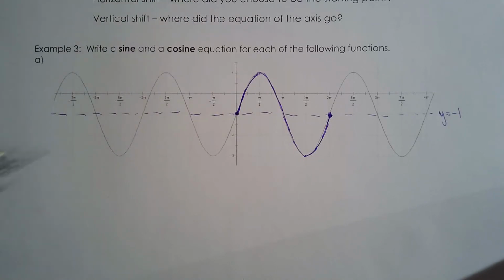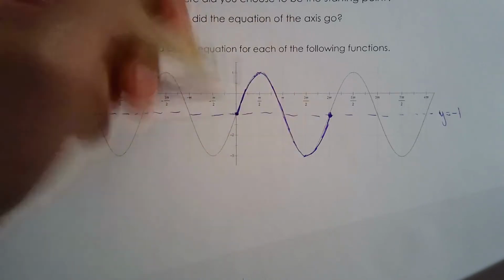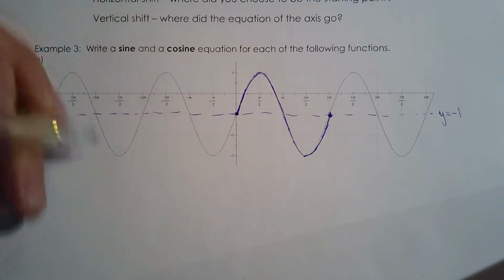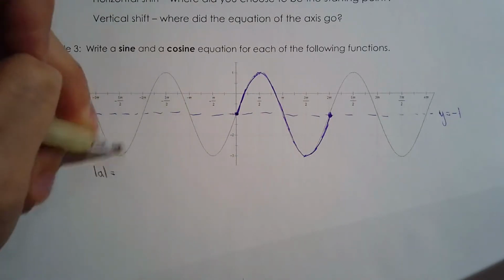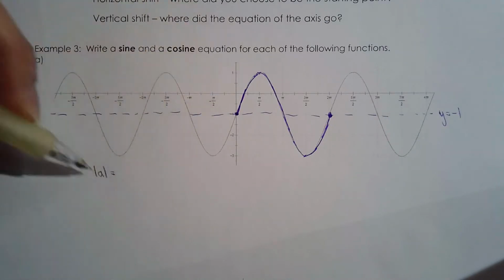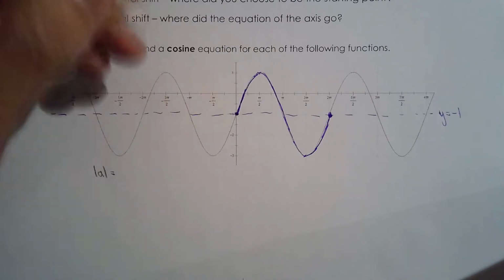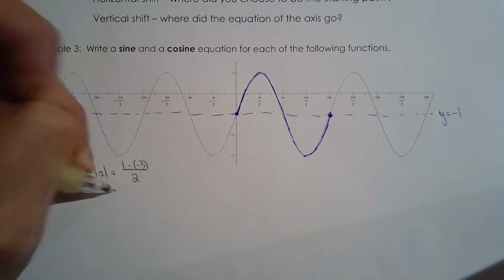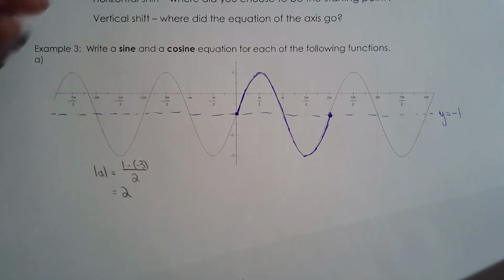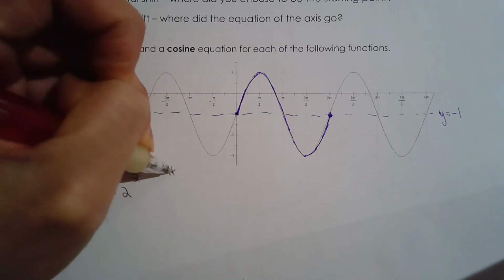So what can I extract after I highlighted one of these cycles? The magnitude of A is equal to max 1 minus -3, max minus min over 2, so it's equal to 2. What about K?